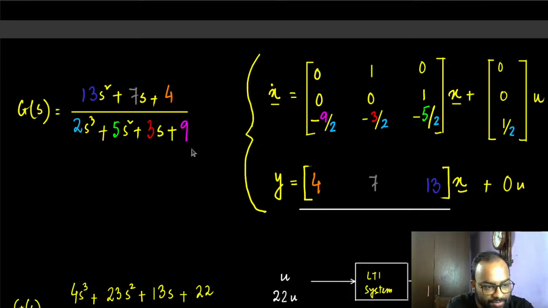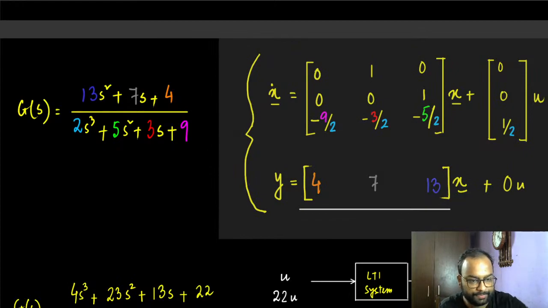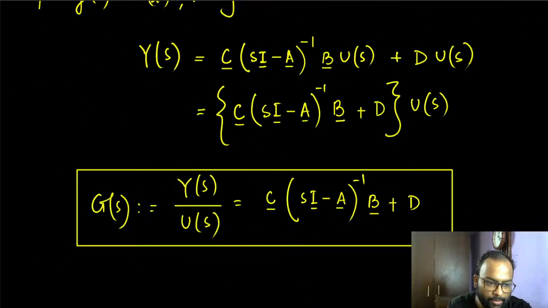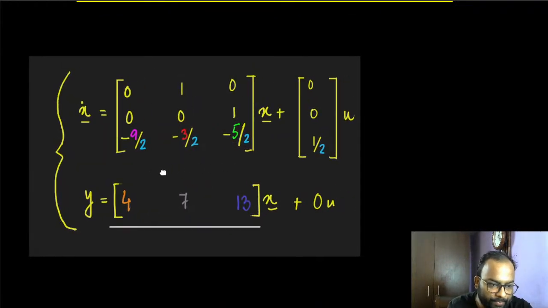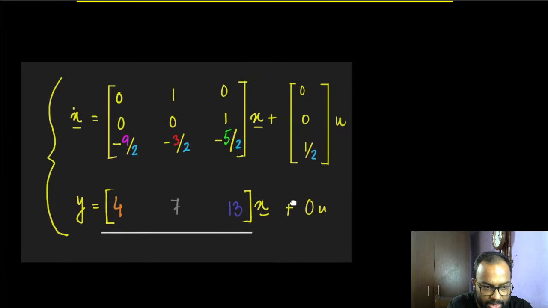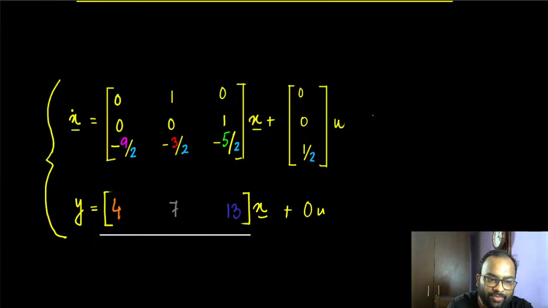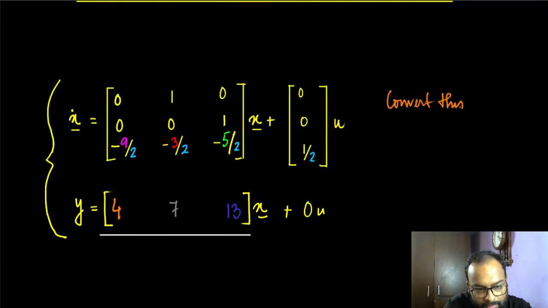So let's bring this in as an exercise problem. I will do part of the exercise for you, and the remaining part will have to be done by you. So this is the state space model. Now I have to convert this into an equivalent transfer function. The objective is to convert this into its transfer function model.